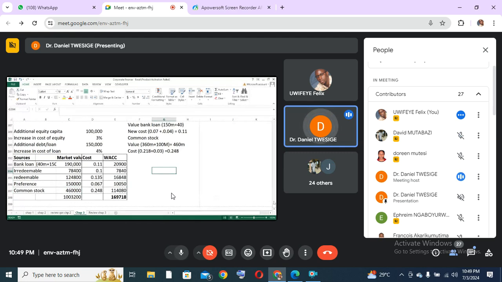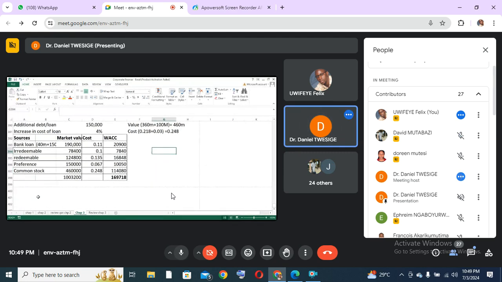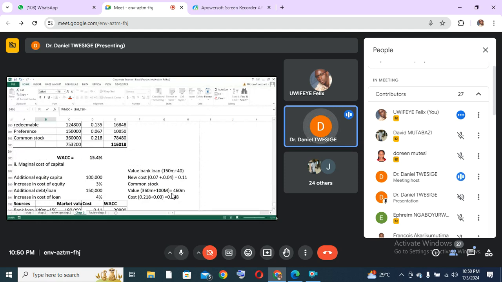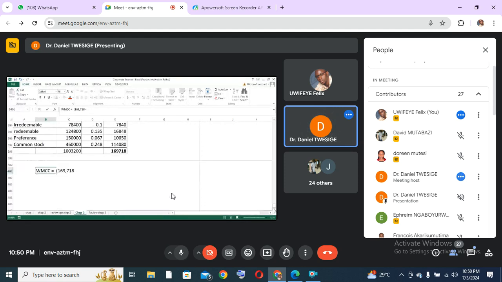Okay. So what is going to be my WMCC, the weighted marginal cost of capital? We are going to get 169,718 minus 116,018, the previous one.